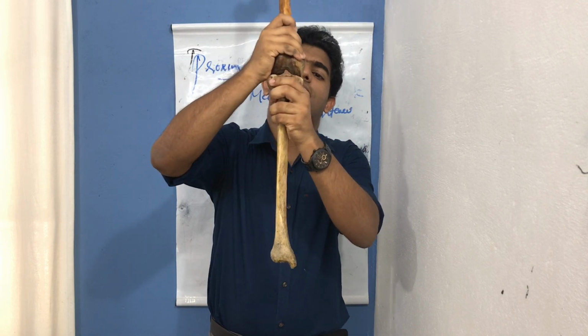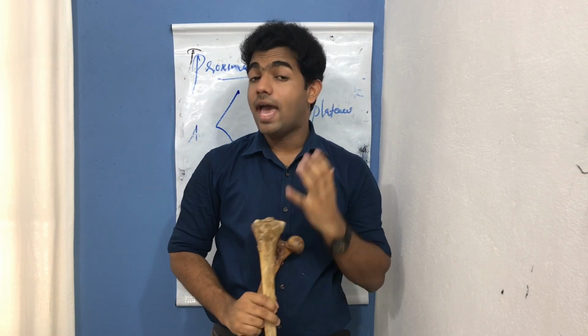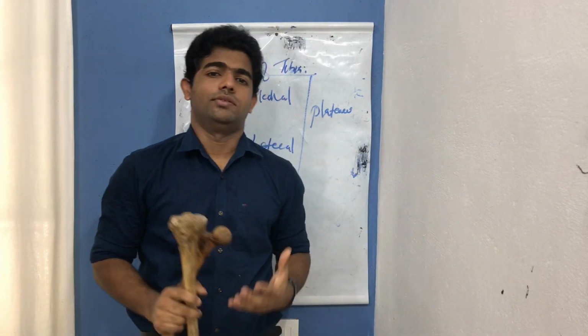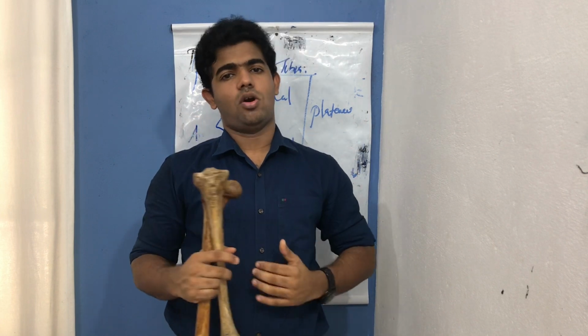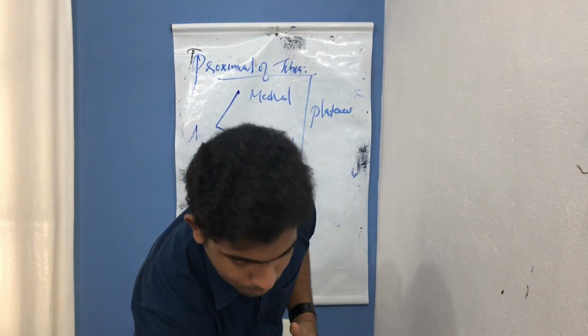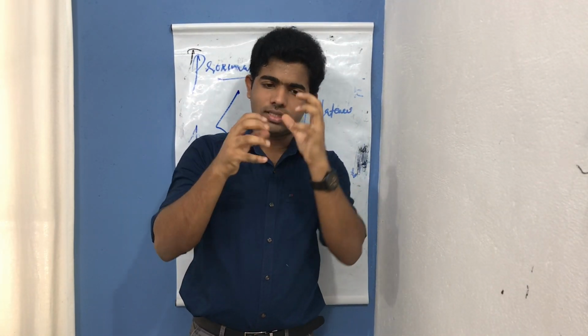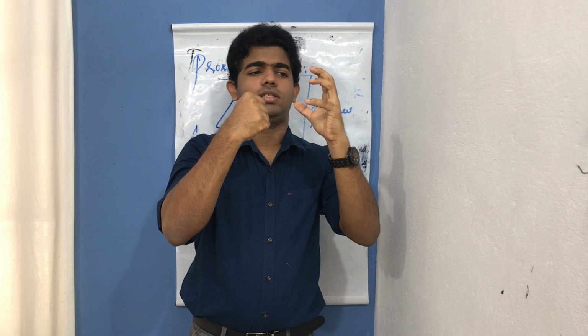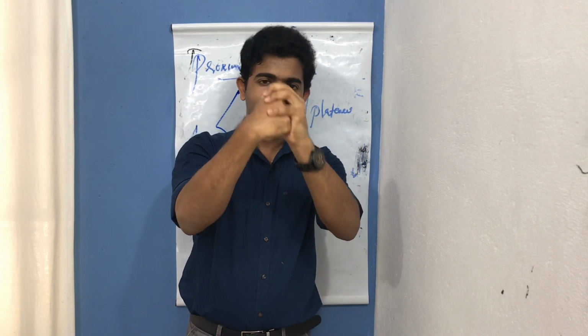This convex structure is resting on a relatively flattened structure, and that is the reason why the tibiofemoral joint, or the knee complex, is highly incongruent. It is unlike the hip complex, the femoroacetabular complex, where a convex structure rests inside a concave structure and is congruent.